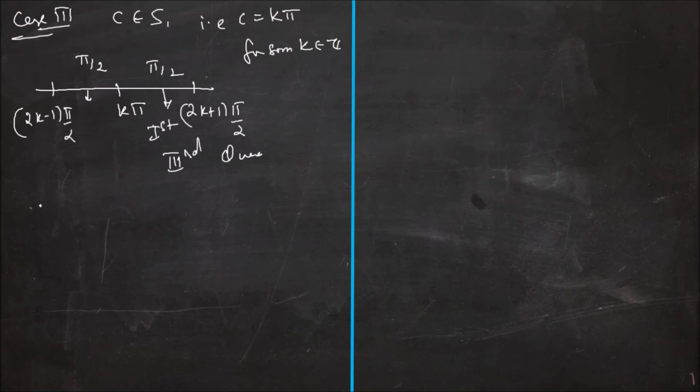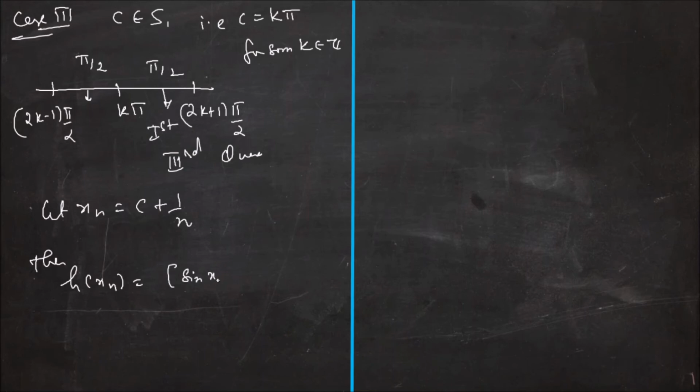So in this case I will take a sequence that converges to c, but the corresponding sequence does not converge to h of c. Let xn is equal to c plus 1 by n. Then h of xn, which is the greatest integer of sine of xn, is the greatest integer of sine of c plus 1 by n. So c plus 1 by n either lies in the first quadrant or the third quadrant.